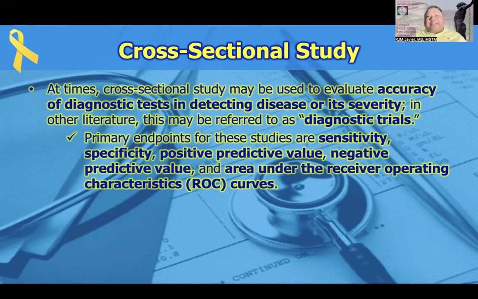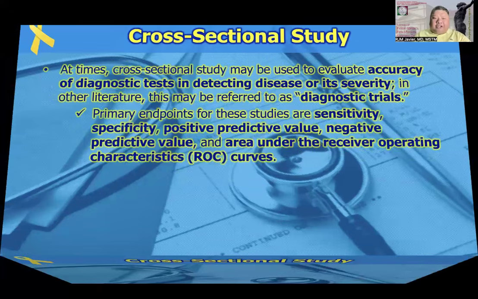I just wanted to expound or further deepen the understanding of cross-sectional studies that utilize diagnostic trials in analysis. Aside from determining sensitivity, specificity, positive predictive and negative predictive values, there are also concepts related to cross-sectional studies, in particular, your ROC curves, as well as your likelihood ratios.